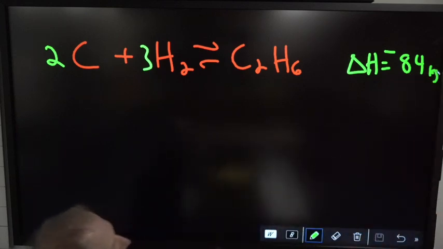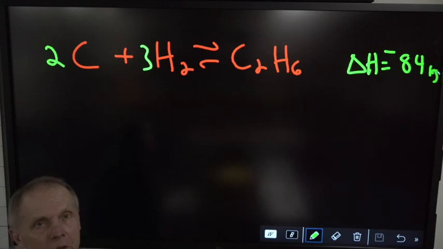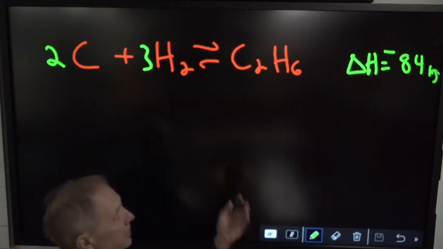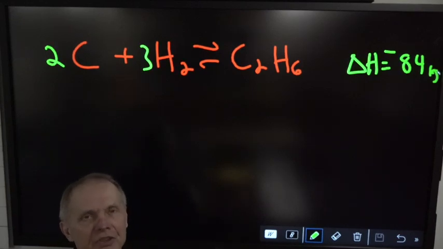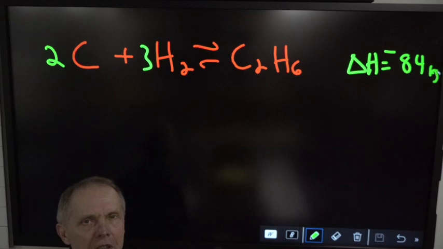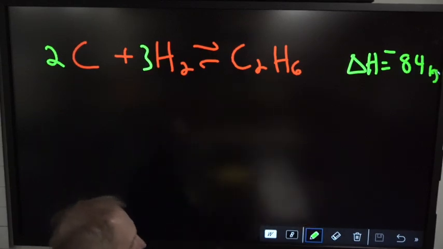The delta H is a negative 84 kilojoules. Okay? So what that means is, if it's a negative delta H, that means it's an exothermic reaction, and the energy has to be with the products because exo means given off.